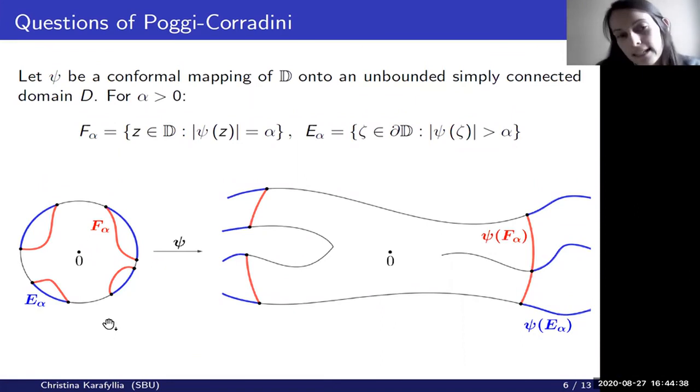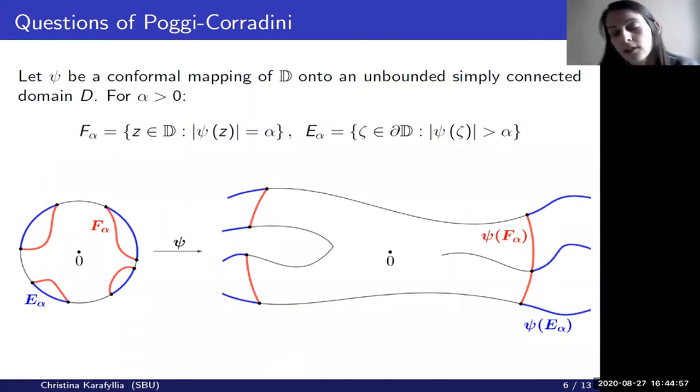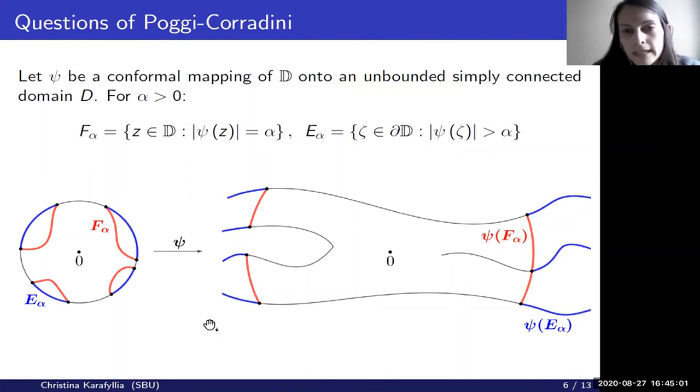So, as you can see, despite the fact that we define these sets in the unit disk, they are studied more easily in the image region D. That's why we need to use conformally invariant quantities. We want to be able to transfer from the unit disk to the domain D and conversely. So keep in mind the sets F alpha and E alpha, or better psi F alpha and psi E alpha.